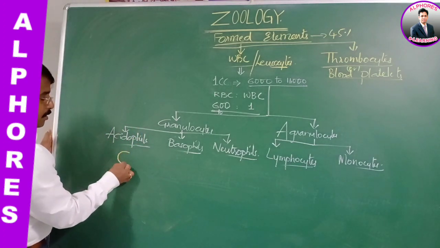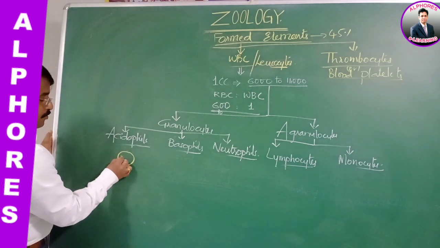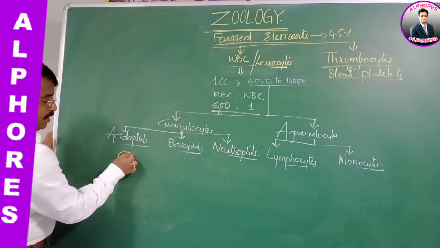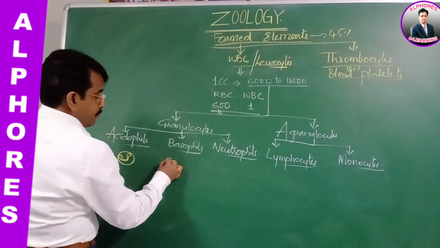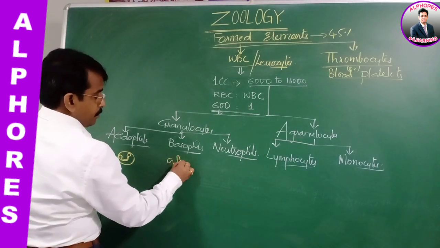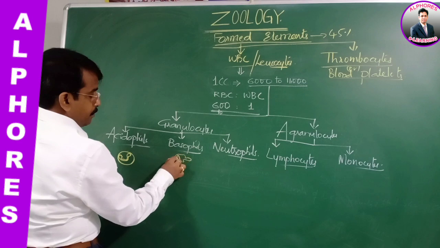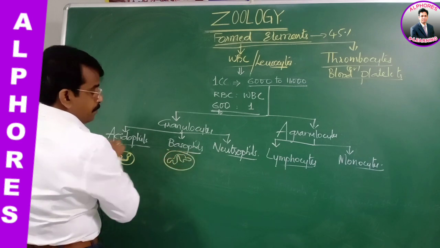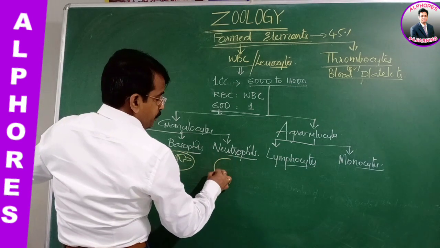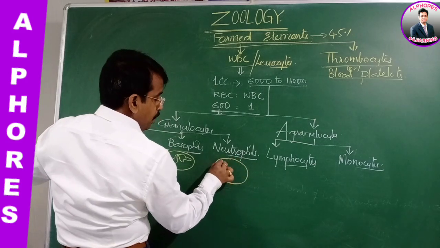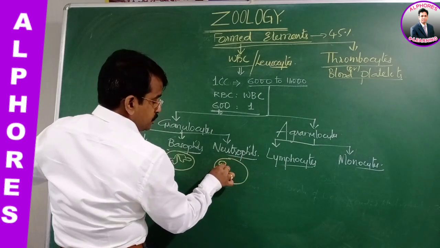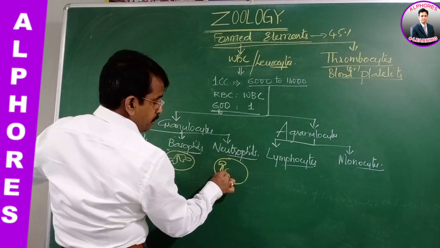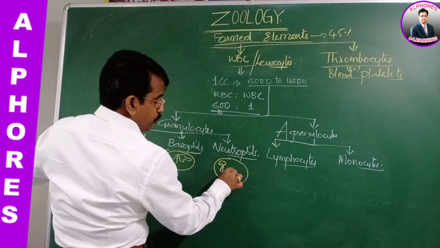Acidophils, look at here the diagram. Neutrophils are considered to be with 3 to 5 lobes.